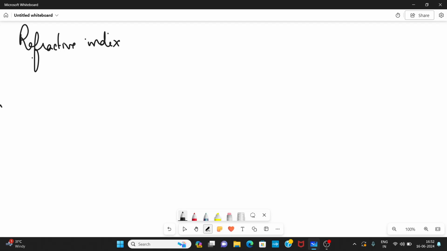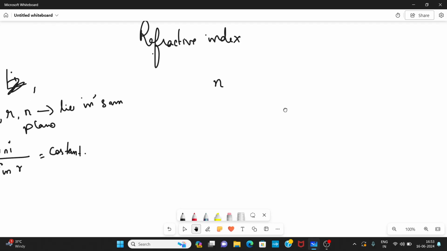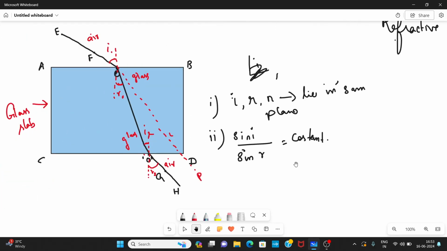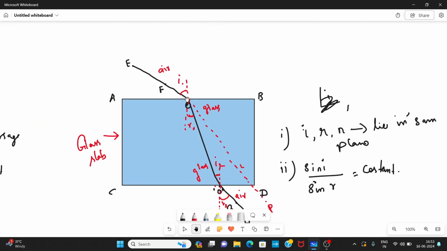Refractive index is represented by N. So if you take the previous diagram, what is the refractive index at the point O?